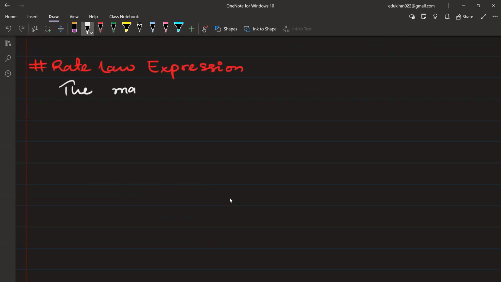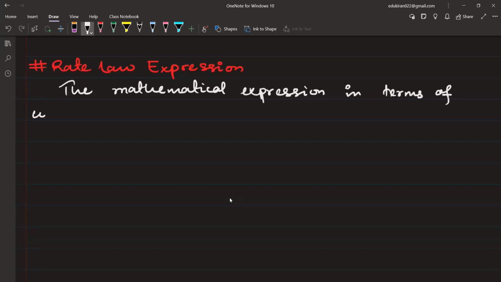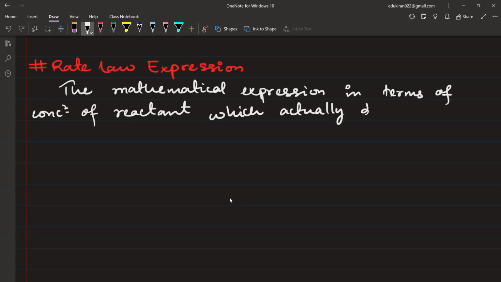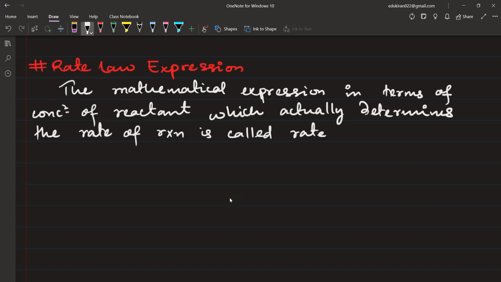The mathematical expression in terms of concentration of reactant which actually determines the rate of reaction is called the rate law expression.